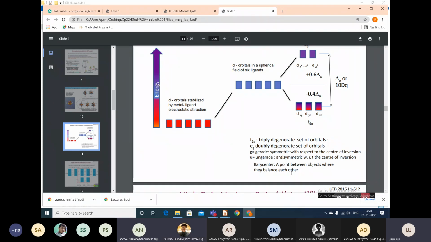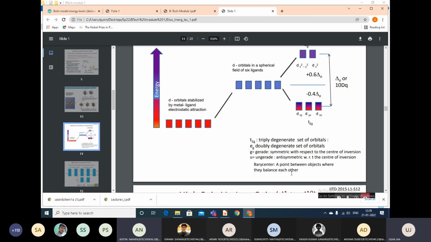And the word DQ, as you can see there, I mentioned somewhere, and you call it the differential of quanta. It is the differential of quanta energy, a quantum mechanical description of the electrostatic model of crystal field.